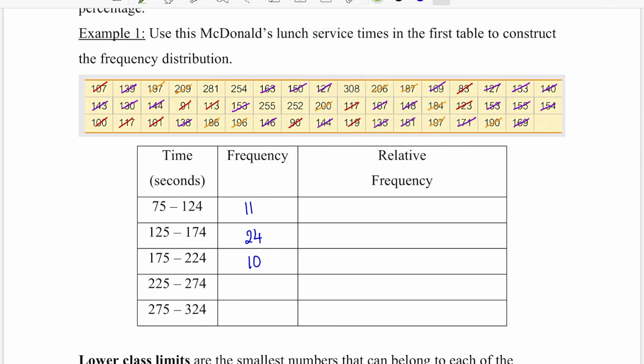The fourth class is from 225 to 274. The count is 3. And the last class is from 275 to 324. The count is 2.